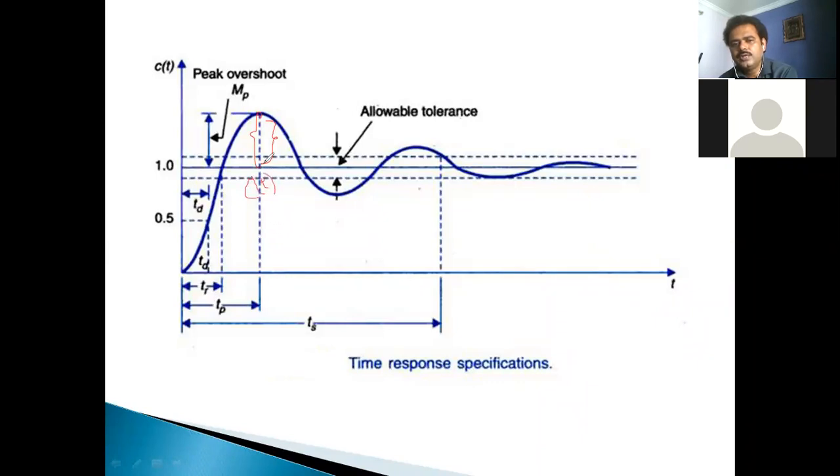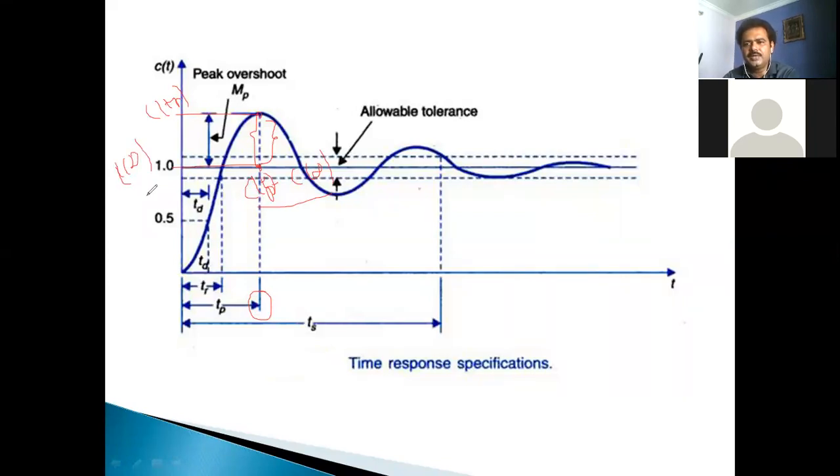It is the final response C of t at tp, at peak time, minus the final value, C of infinity. So the difference between these values, C at tp and C at infinity, is termed peak overshoot. C at infinity means the response after settling, when time is infinity, it reaches the steady state value.